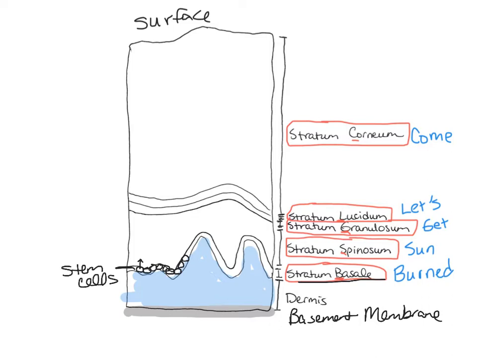Now these cells are stratified squamous, but we give them a different name because they're in the skin. That way we don't have to keep saying the stratified squamous cells of the epidermis. So we call these cells keratinocytes.